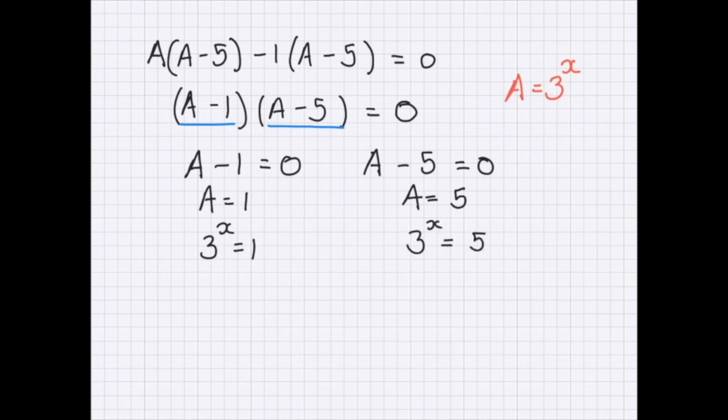Now we can use log rules to solve for x. So if we use the log rule, we'll be left with x equal to log base 3 of 1 and x equal to log base 3 of 5. So our answers for x are these.